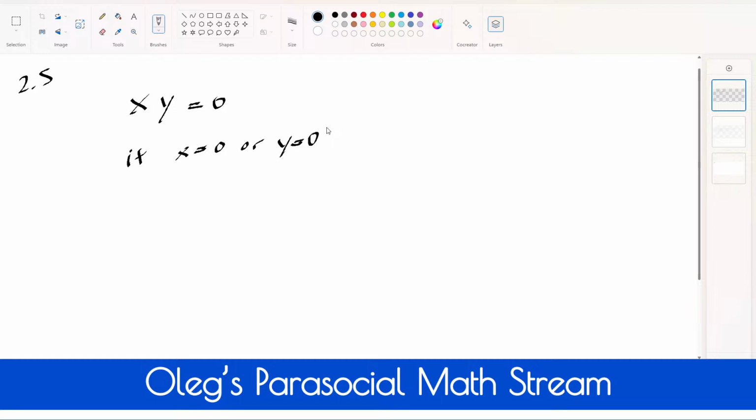Okay, this can be modeled as x times y equals 0 if and only if x equals 0 or y equals 0.